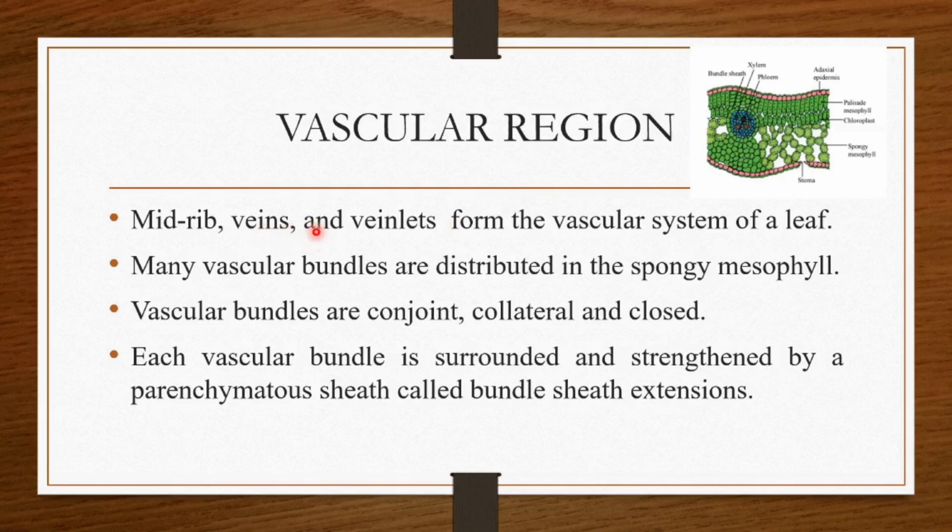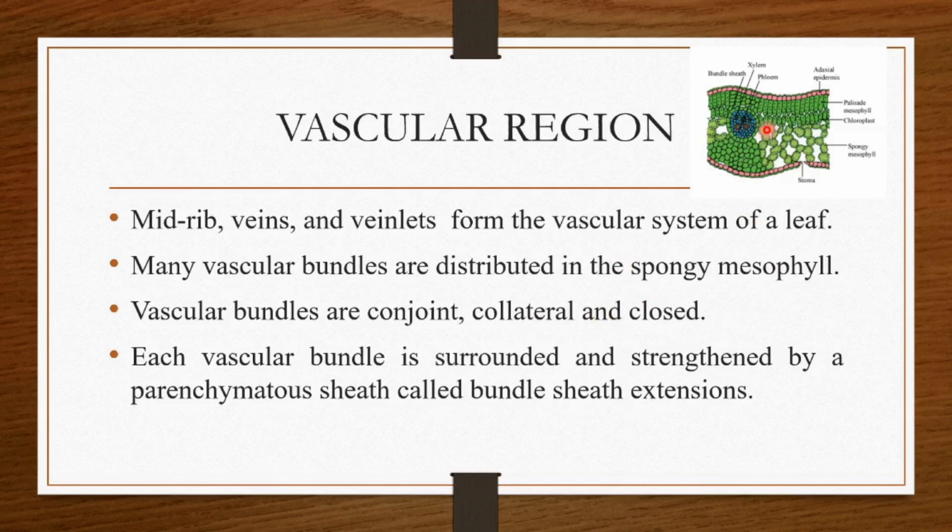Here the midrib, veins and veinlets of the leaf form the vascular system, and many vascular bundles are distributed in the spongy mesophyll cells, and these vascular bundles are conjoined, collateral and closed.